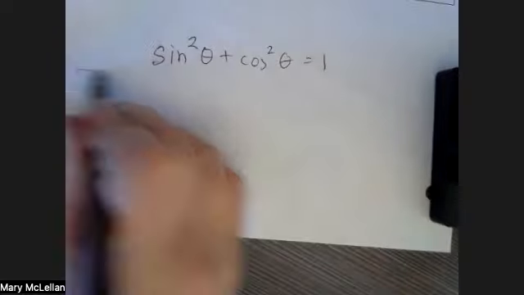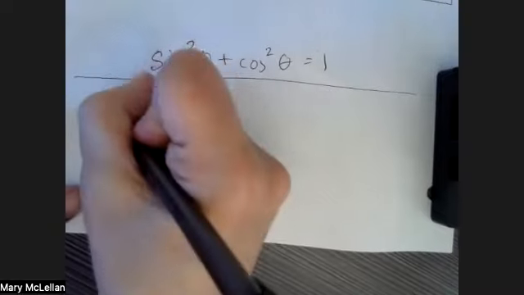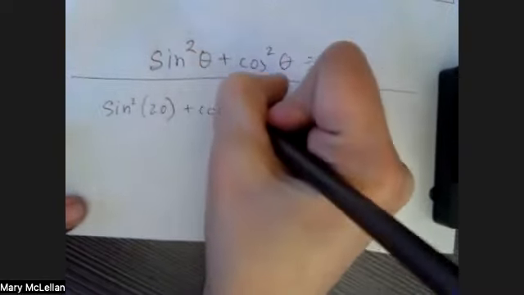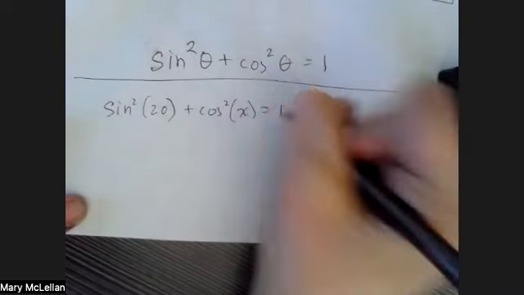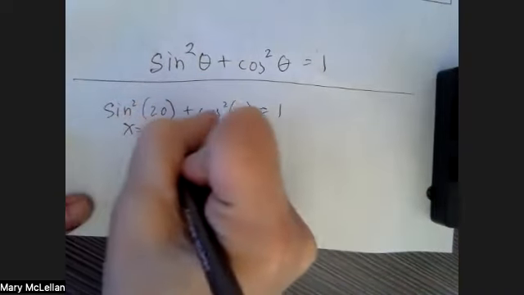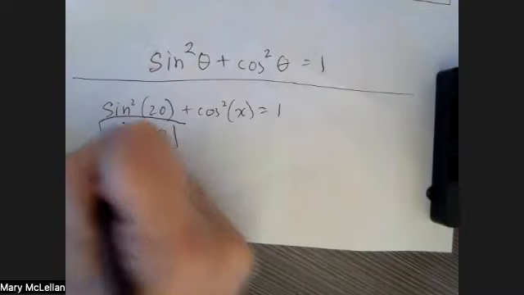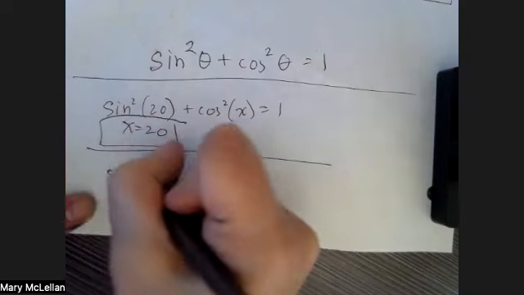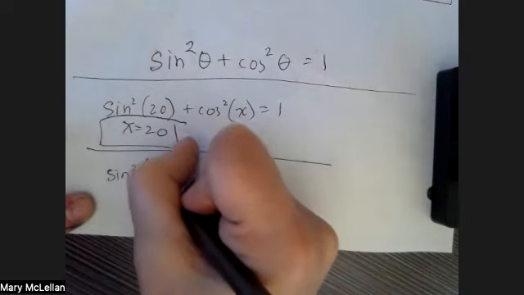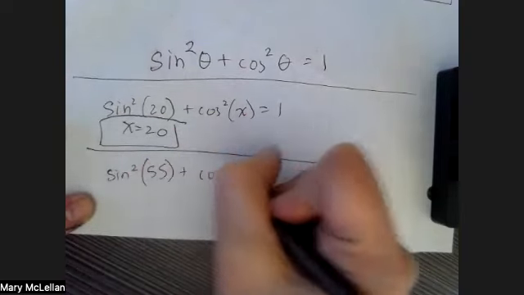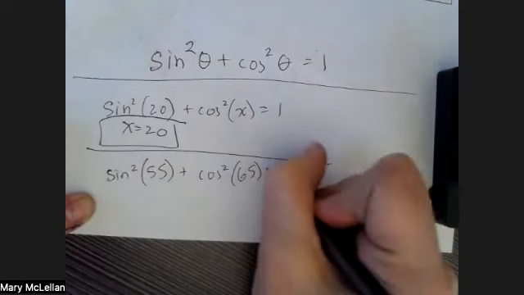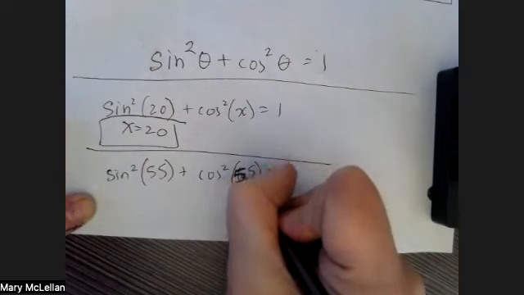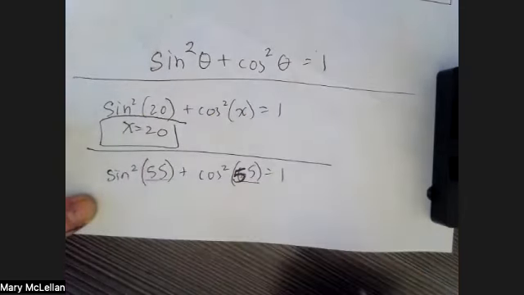For example, if I told you that sine squared 20 plus cosine squared x equals 1, x has to be 20. If I told you that sine squared 55 plus cosine squared 65 equals 1, I would be a liar. That's only true for the angle 55. These angles have to match.